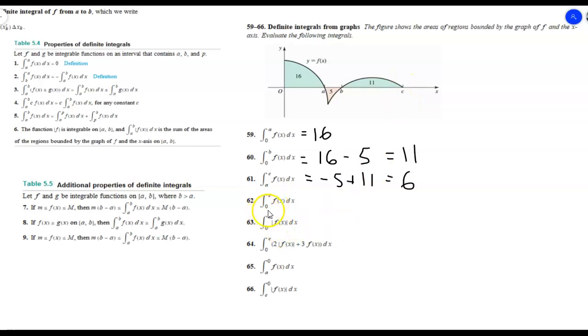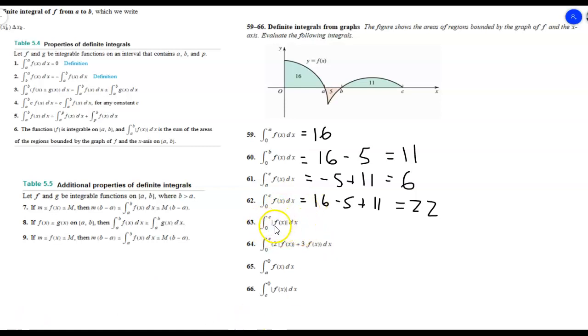All right, how about from 0 to c? So we start with 16 minus 5 plus 11. That's 11 plus 11, which is 22. It's going to give us a net area of 22 here. Now this one says the absolute value of the function from 0 to c, which is a way to ask for the total area.